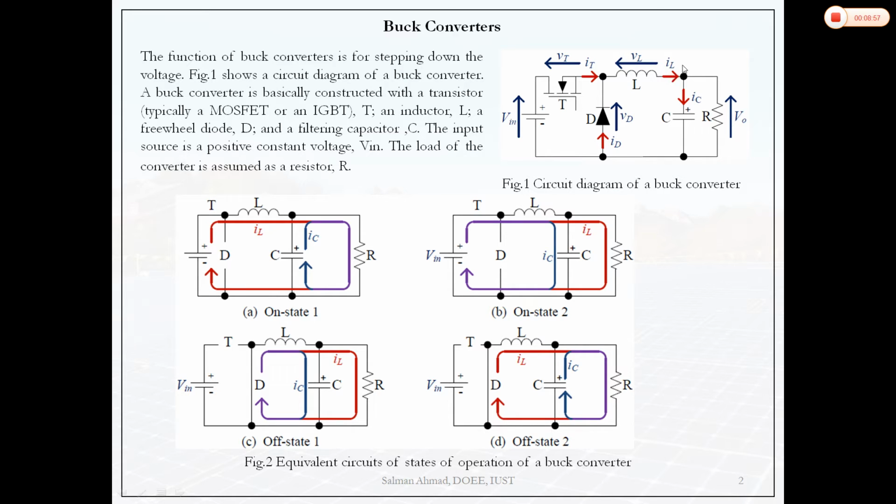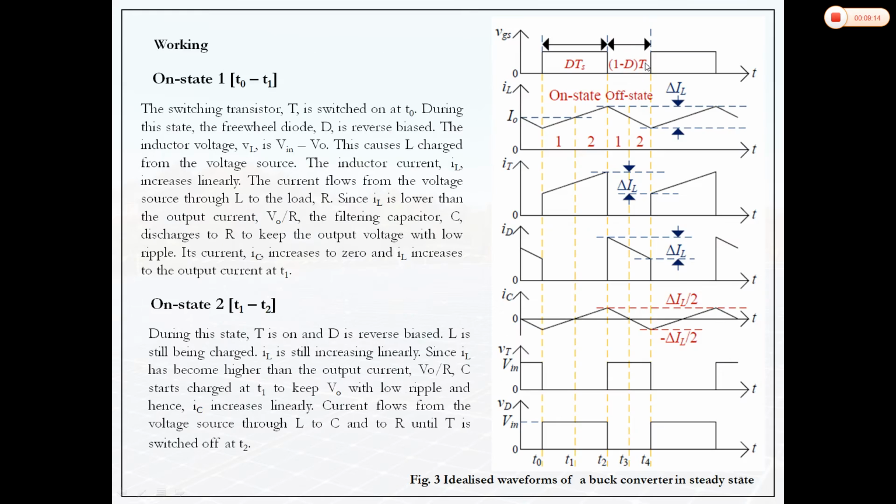So the average of IL will be the average of IC plus the average of IO. The average of IC is 0 because the average current in a capacitor over one time period is 0. So IL average will be nothing but IO. In this waveform you can see that the average current is IO.